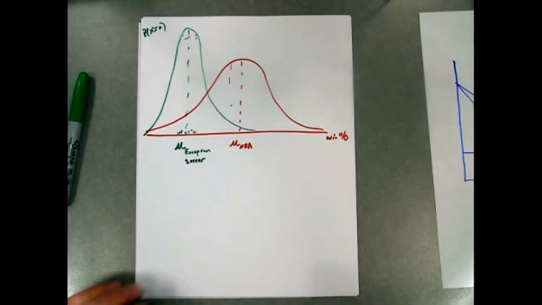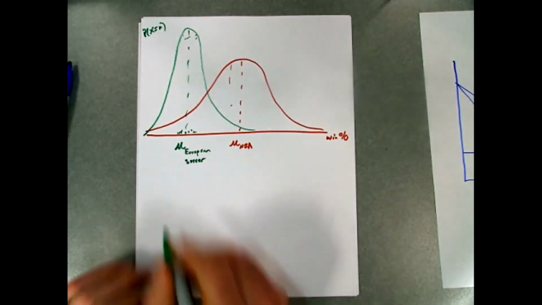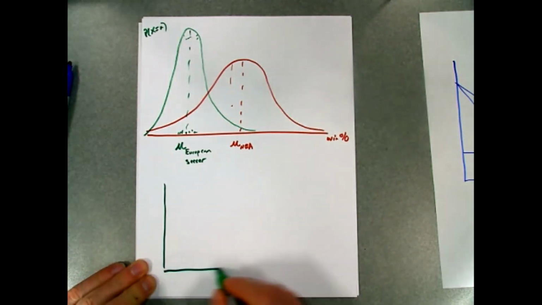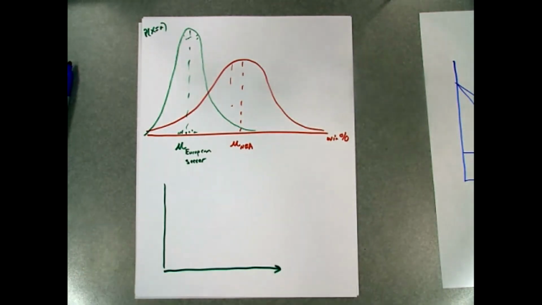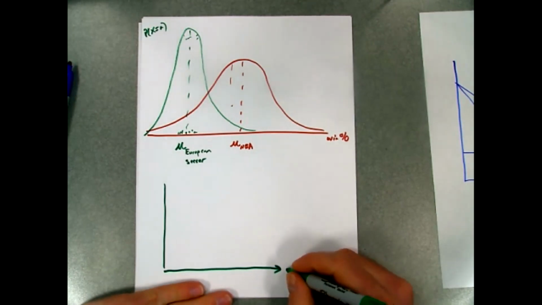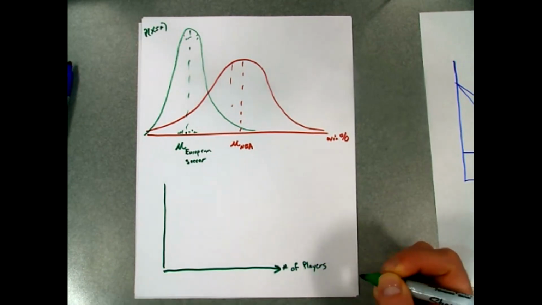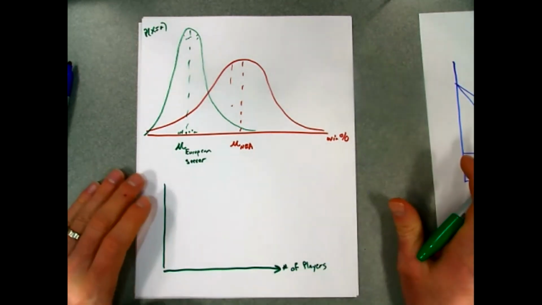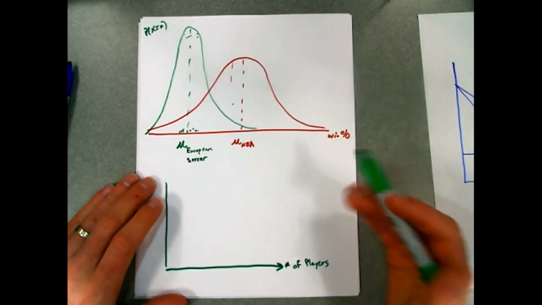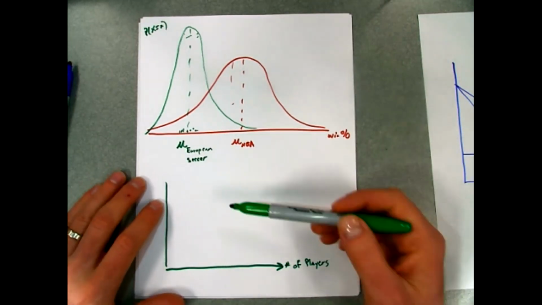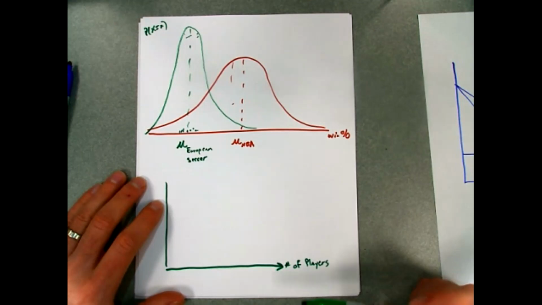So maybe, let's think about it this way. Let's say we could arrange all the players and plot them in terms of the highest marginal productivity all the way to the lowest.